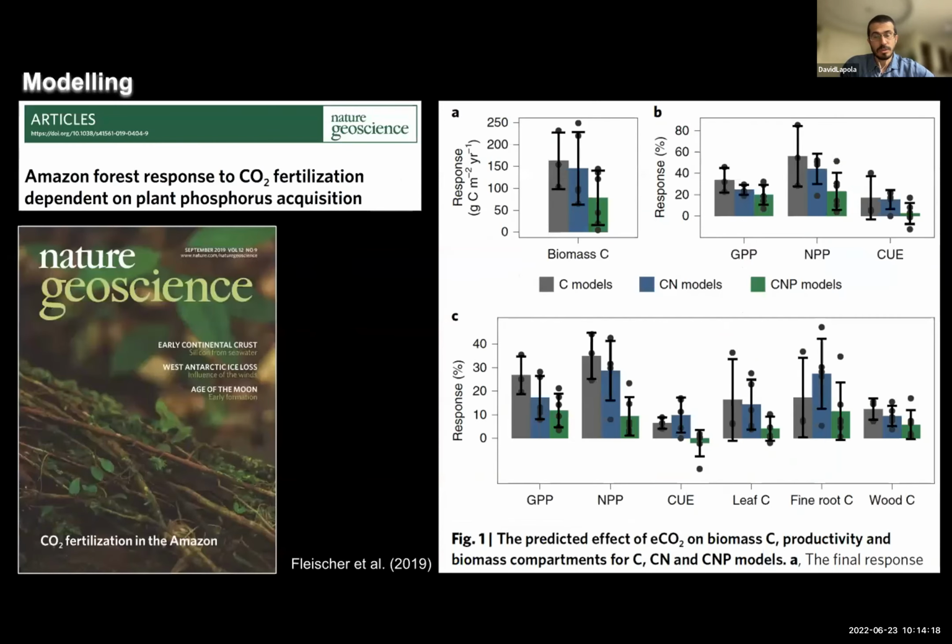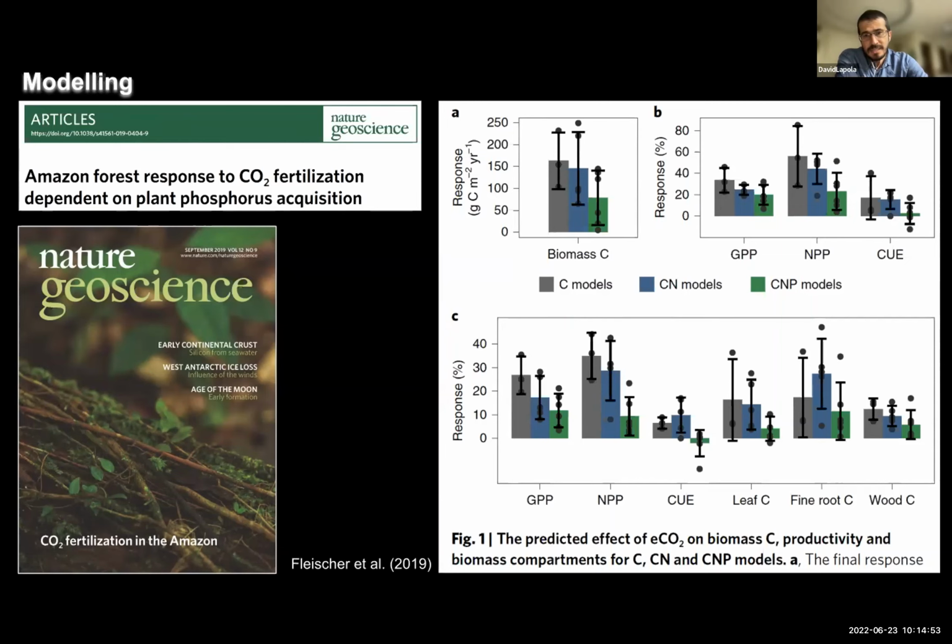I would like also to touch briefly the modeling activities, and this is of course our showcase so far from the Amazon Face experiment. Of course, you can navigate the different processes there, but I would like to focus here on the biomass because the world wants to know this variable, how this variable will change in the Amazon when we have more CO2, whether we're gonna have this CO2 fertilization effect influencing ultimately biomass there.